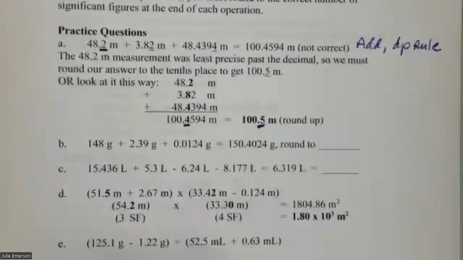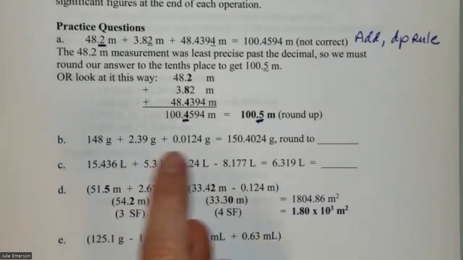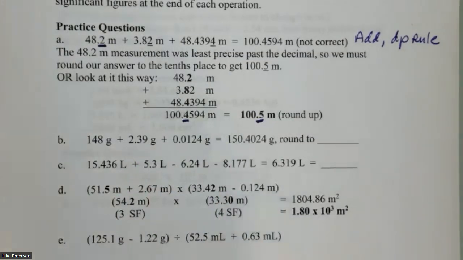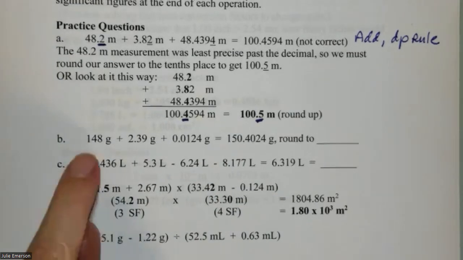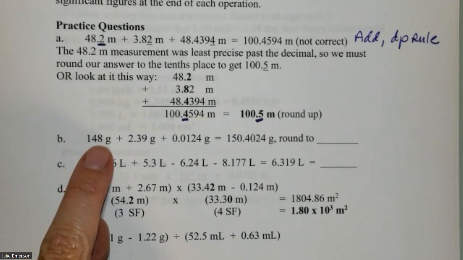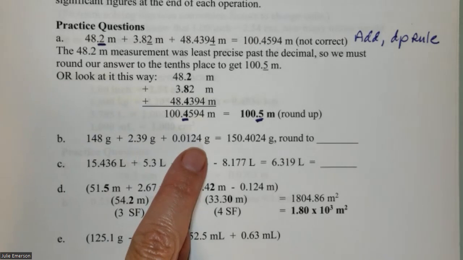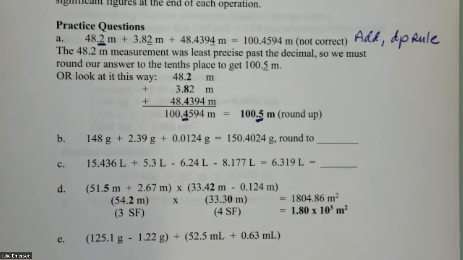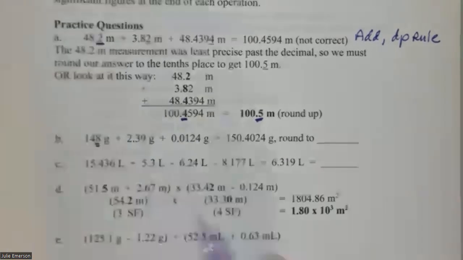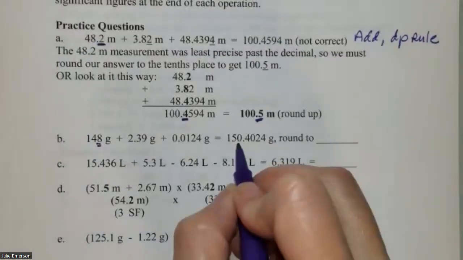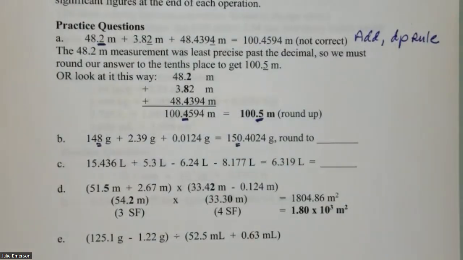Next example. All right, again, all we're doing is addition. So again, we're going to look at the decimal place rule. So first measurement doesn't have any decimal places. It just goes to the ones place. Second measurement, 2 places past. Third measurement, 4 places past. So least wins, right? So we have to stop right at the ones place.